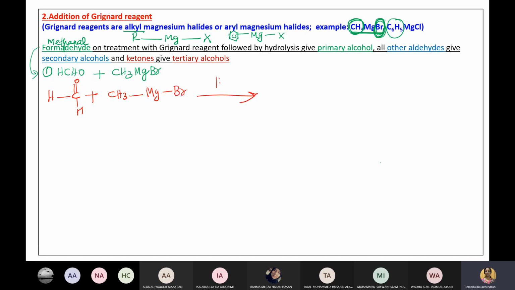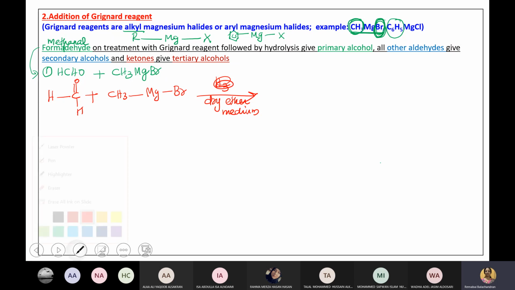This reaction takes place in dry ether medium. There should not be any water, because Grignard reagents have very high affinity for water and you get some other product. The reaction will be between Grignard reagent and water, so to avoid that we use dry ether. There should not be any moisture.